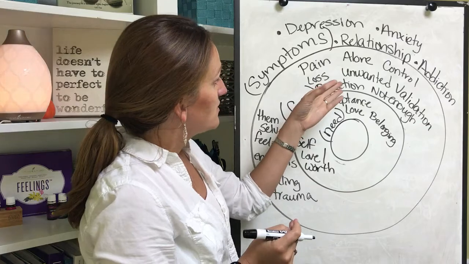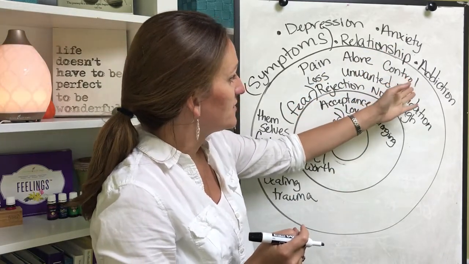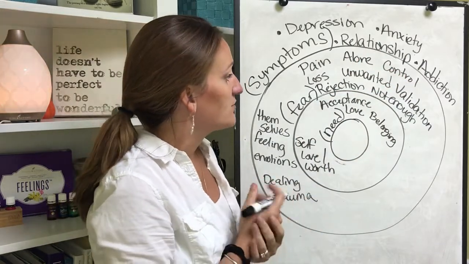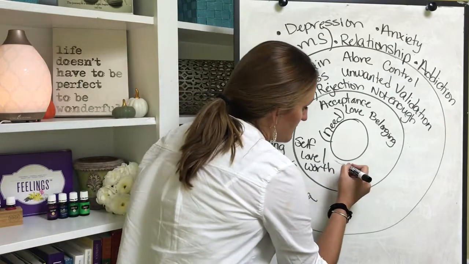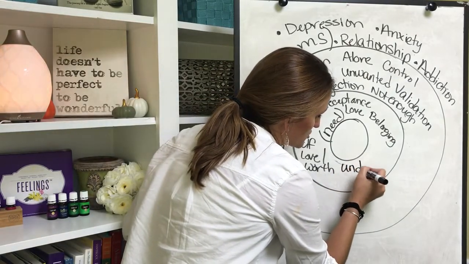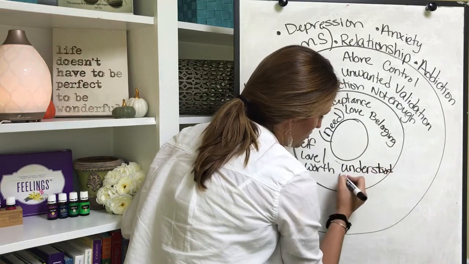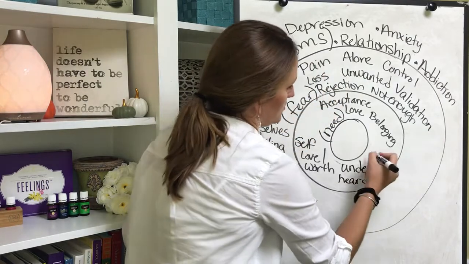It also might, with anxiety, be the need for control, the fear that things will become out of control, the fear that you will not be enough or receive the validation you need. The need that might be unmet might be to be understood or heard or validated.